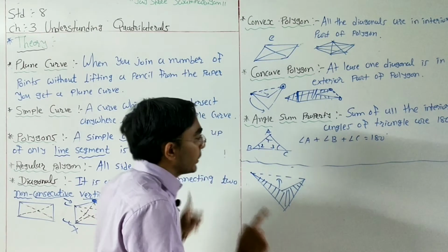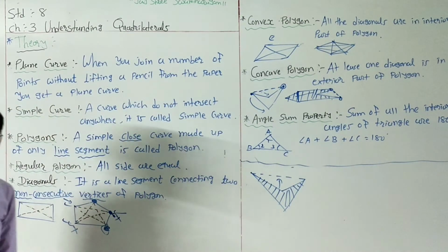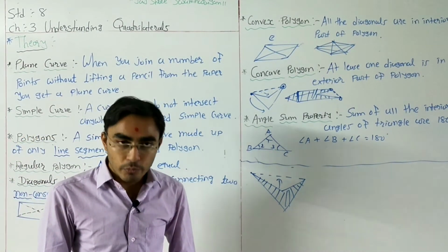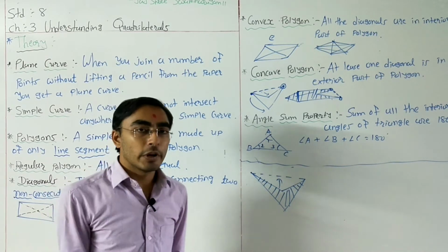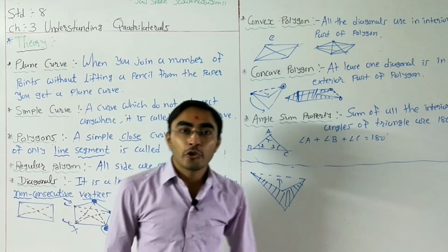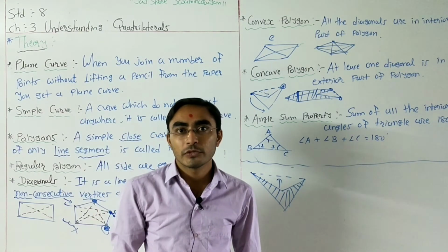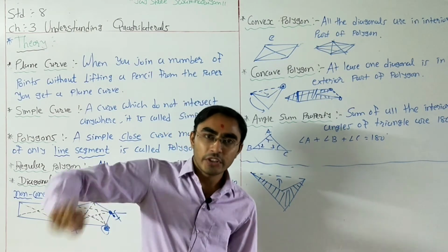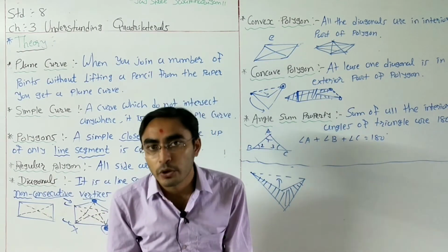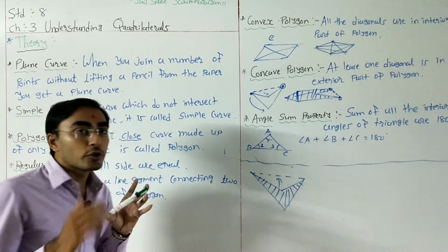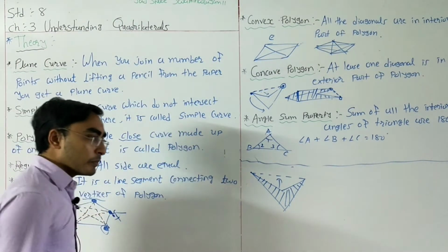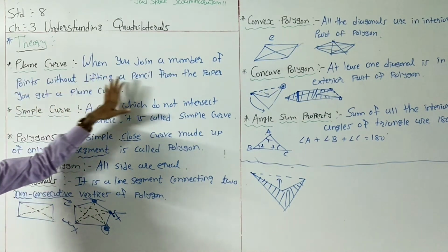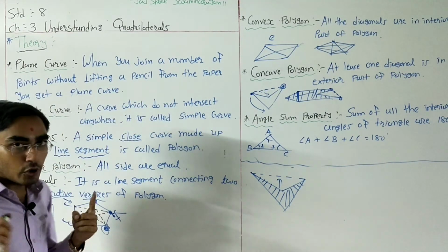Again I repeat this theory. First of all, plane curve. You need to join a number of points without lifting your pen from the paper. It is called plane curve. In space too I can draw one curve, but it is not a plane curve. For a plane curve you need to draw on paper, or a board, or some plane.